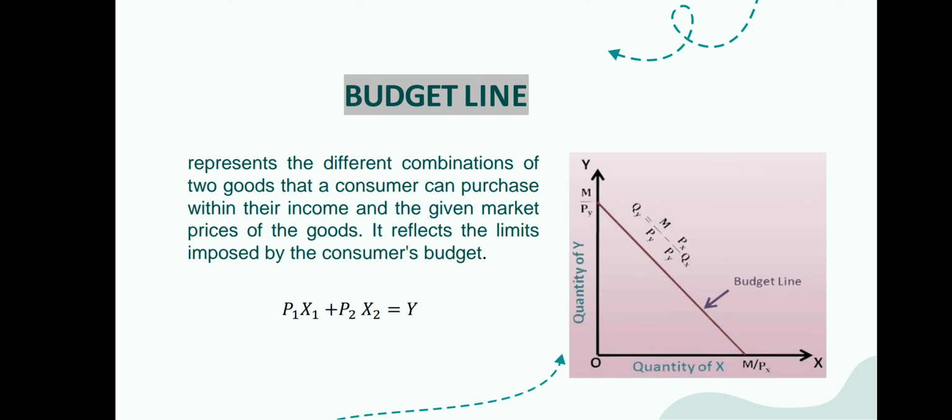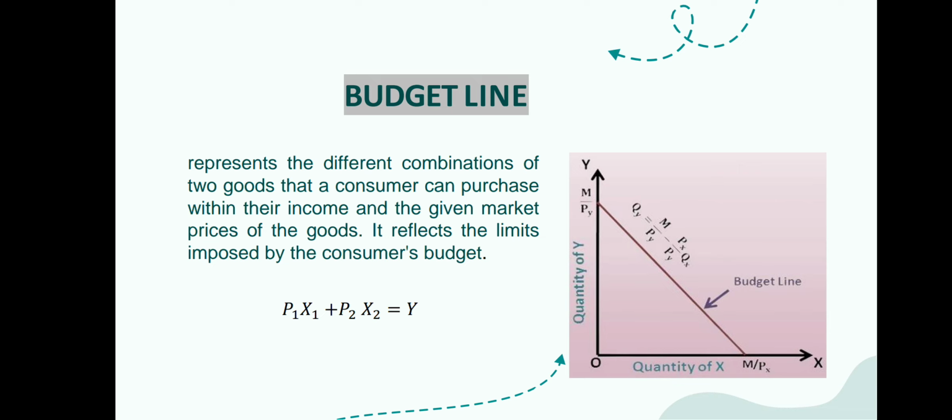So firstly, we're going to talk about budget line. It represents the different combinations of two goods that a consumer can purchase within their income and the given market prices of the goods. It reflects the limits imposed by the consumer's budget.